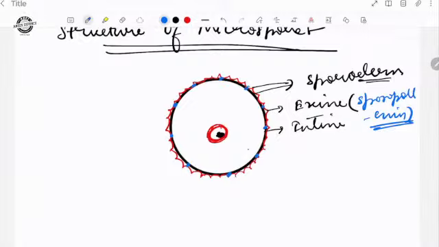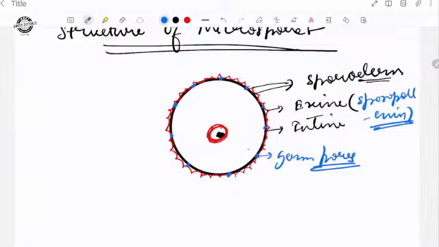First, the cytoplasm or nucleus inside recognizes what is required from outside, creating a message, like communication. After that, it is allowed by the exine, the outer layer of the surface. These are termed germ pores. Understood?